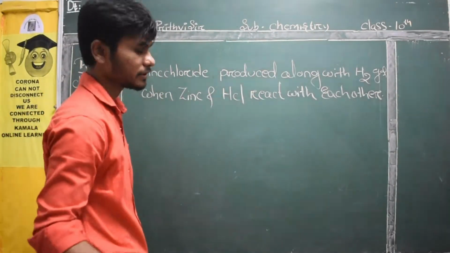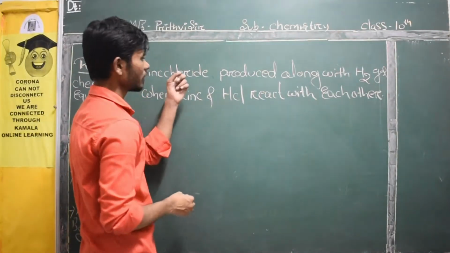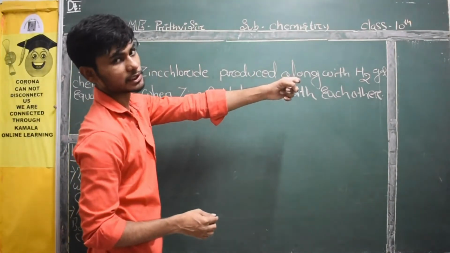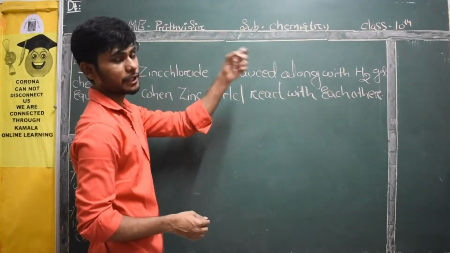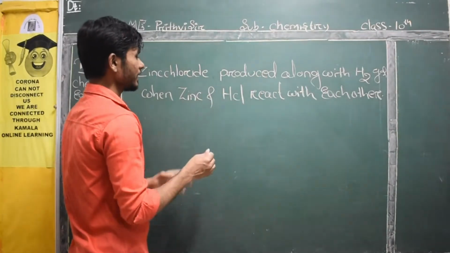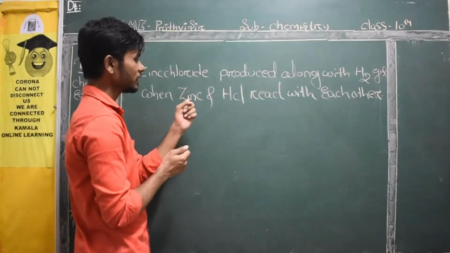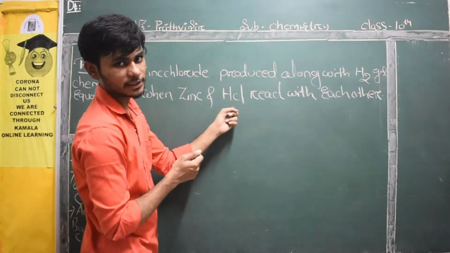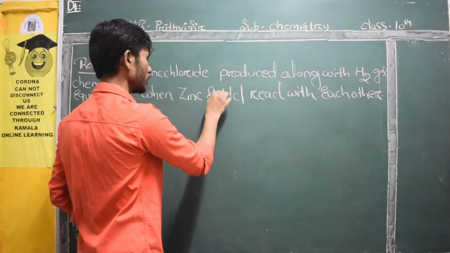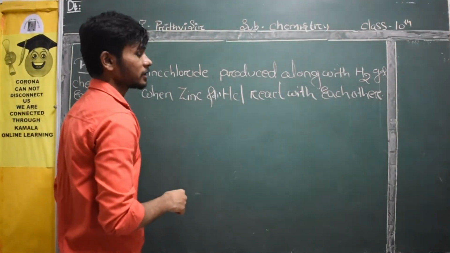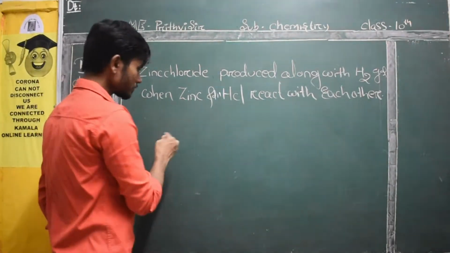How to write? Just follow the process. Zinc chloride is produced along with hydrogen gas, so they both are produced. Who reacted here? What are the things involved in the reaction? Zinc as well as hydrochloric acid. Which hydrochloric acid? Dilute. Just remind yourself of experiment number 3.